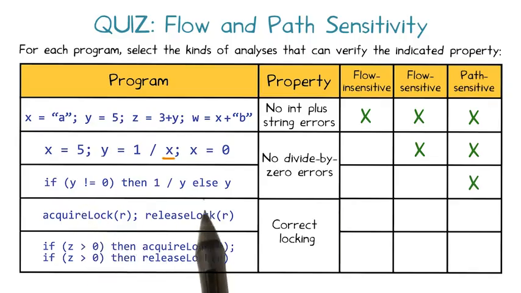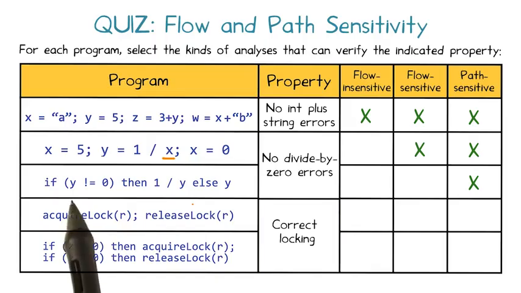The third program cannot be proven even by flow-sensitive analysis to be free of divide by zero errors. Flow-sensitive analysis, while it does keep track of the order of statement execution, does not keep track of which branches are taken at any given decision point for the program.